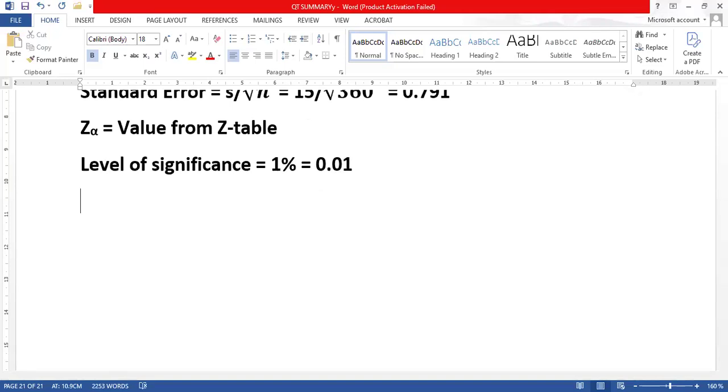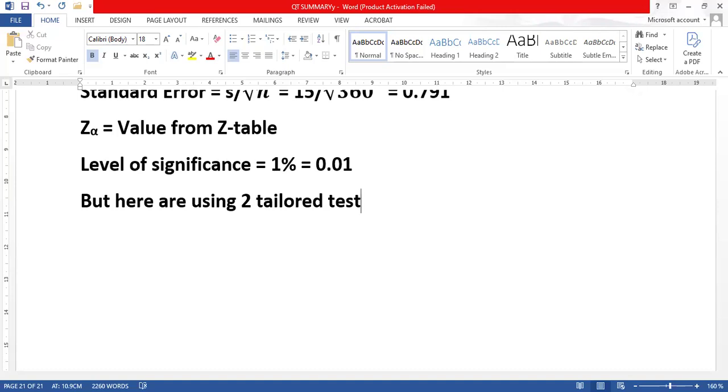Here we are using a two-tailed test. Just take it from me that whenever you're dealing with estimation, it will always be a two-tailed test, because you want the lower limit and the upper limit.